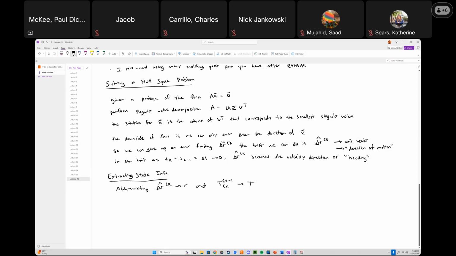We're just going to call that T. Okay. And we will recall that the essential matrix is really R cross, which is a 3 by 3, multiplied by T, which is another 3 by 3. So how do we find R and T given the fact that we know E?